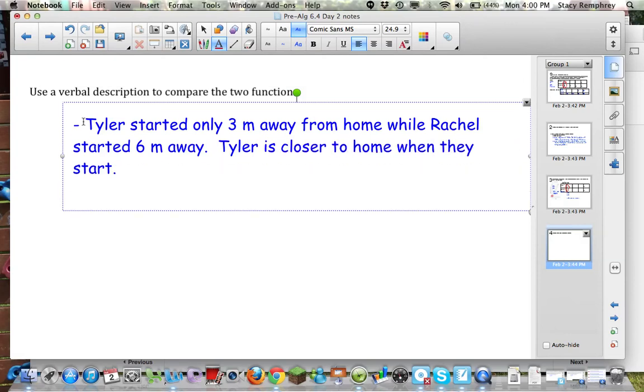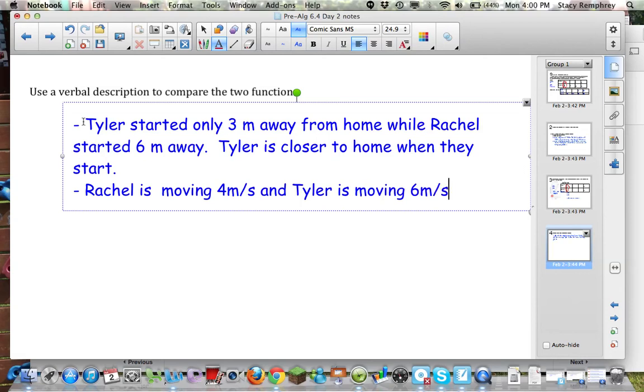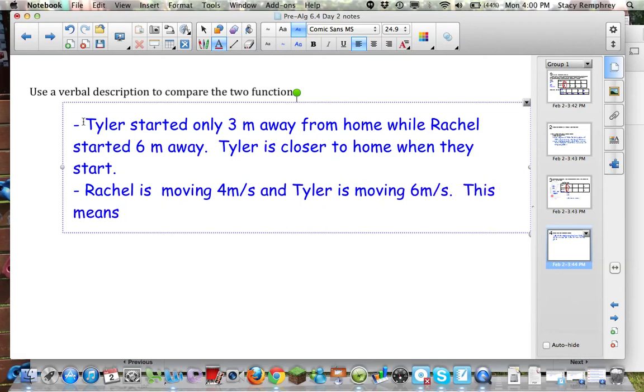So I want to make sure that you say what their starting points are and then tell me what they mean. So there's kind of a two-part there. Then talk about their rates. Rachel is moving 4 meters per second and Tyler is moving 6 meters per second. This means Tyler is going faster than Rachel.